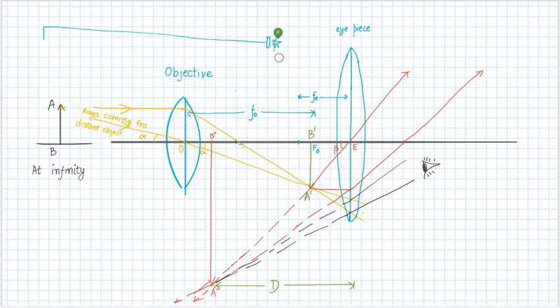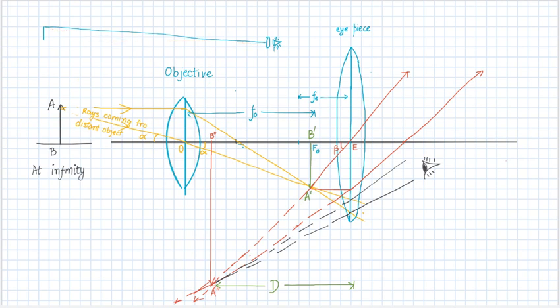Why am I saying so? Because the distance between the objective and the eyepiece is very small as compared to the distance between the telescope and the object.